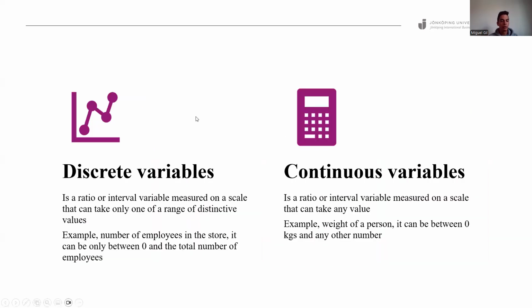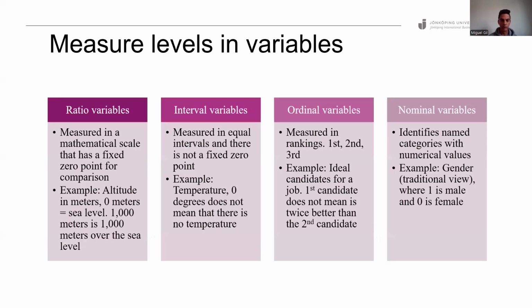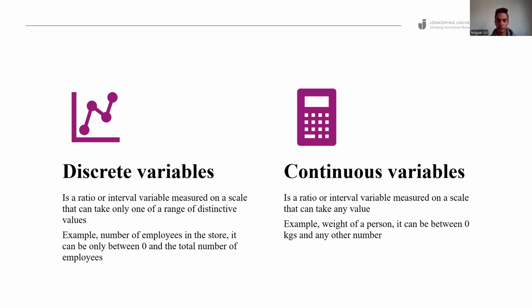Another important thing to discuss is that we also have discrete and continuous variables. Discrete variables are measured only with integers; we don't have decimals in there. So ordinal variables are probably also discrete variables, right?